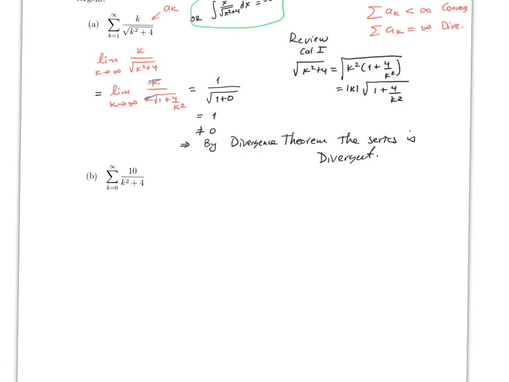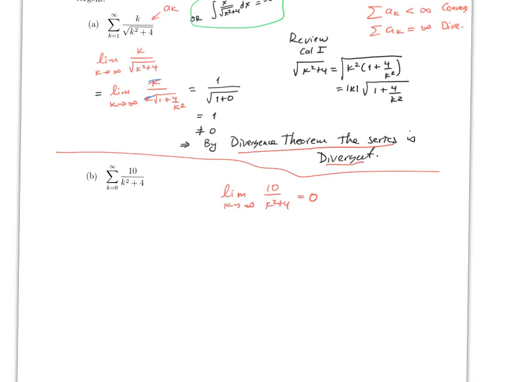Here, notice that if we try to use the divergence theorem, the limit as k goes to infinity of 10 over k squared plus 4 is equal to 0. Remember, if the limit is not equal to 0, then by the divergence theorem, the series is automatically divergent.